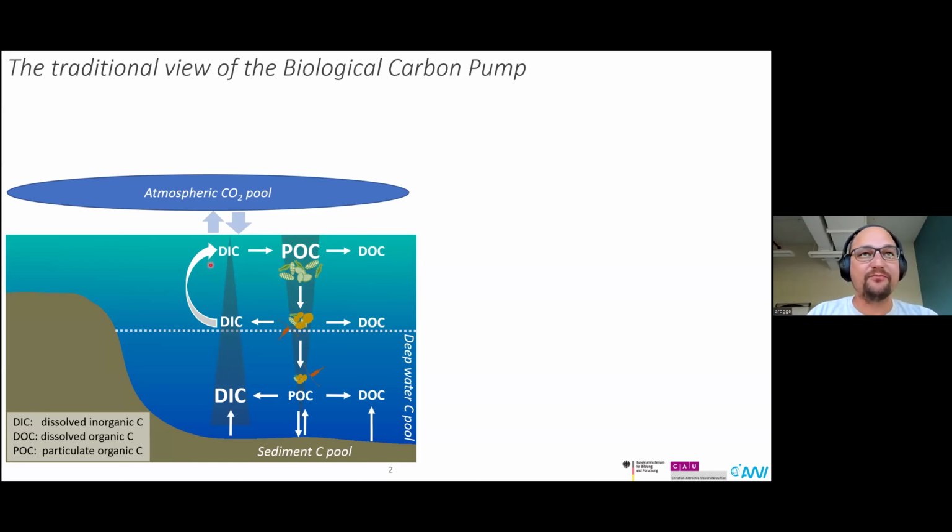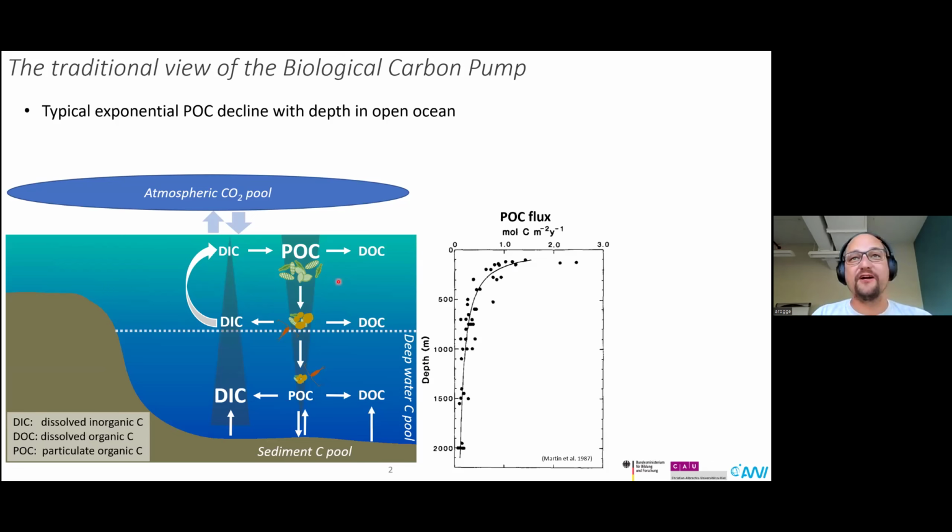This whole process causes a pattern in the POC concentration, which is usually described as an exponential decline with depth. This is the POC flux, which was first described by Martin et al. in 1987. The POC concentration is usually considered to follow the same pattern, also an exponential decline.